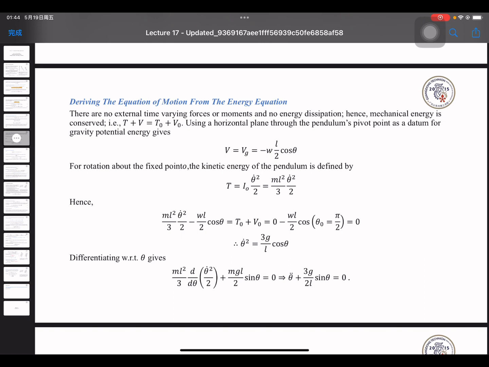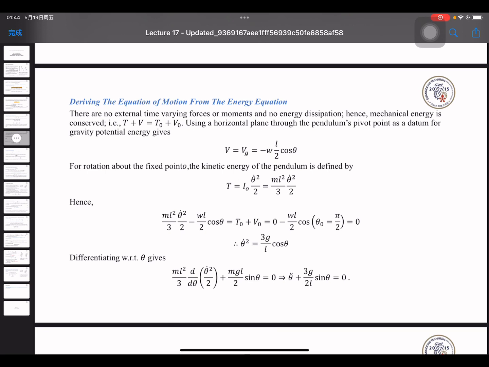Using a horizontal plane through the pivot point as a datum for gravity, potential energy gives Vg equal minus W L over 2 cosine theta. For rotation about the fixed point, the kinetic energy of the pendulum is defined by T equal Io theta dot squared over 2, equal m L squared over 3 times theta dot squared over 2.